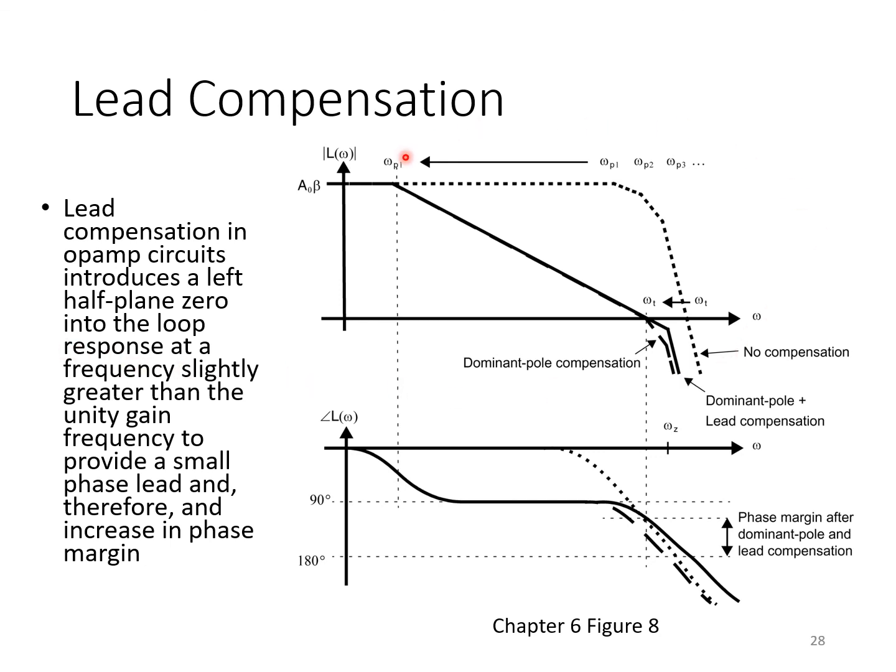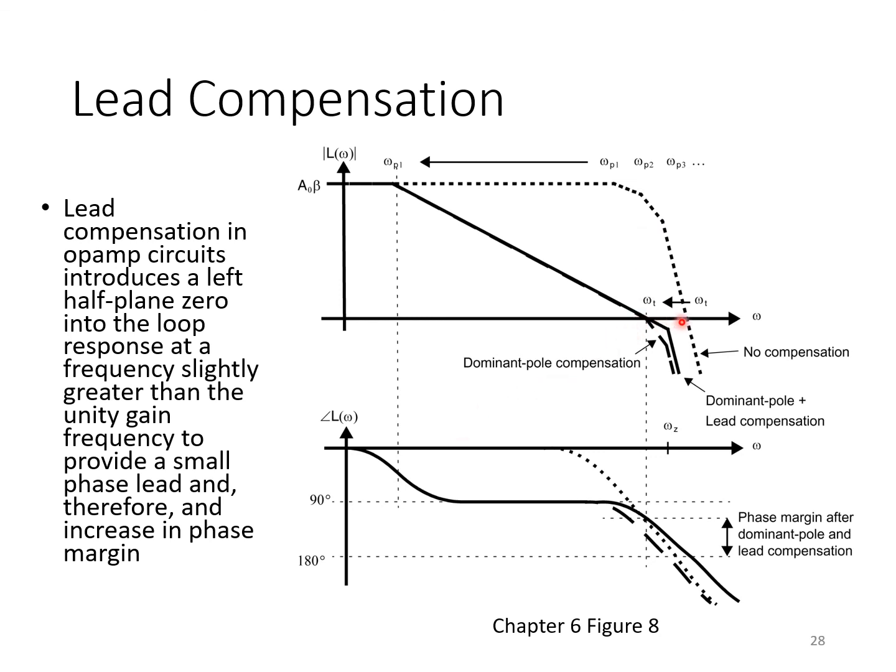So referring to this plot here, we usually follow a two-step process. Let's say we begin with a response L, like the one shown with the dashed line here. Now in this case, there is a pole omega P1 that's lower than the others, but still, it's not that far away from the equivalent second pole, which is somewhere around here.